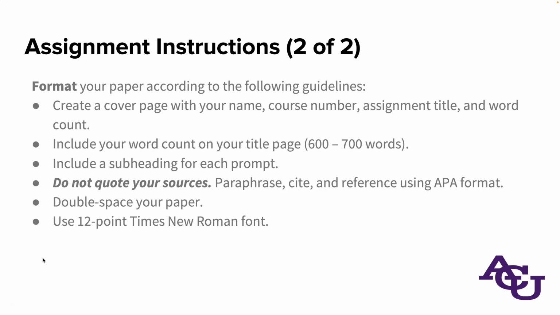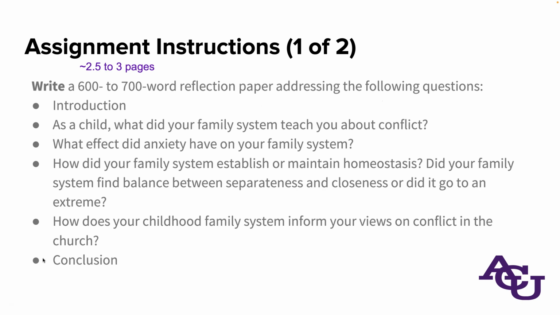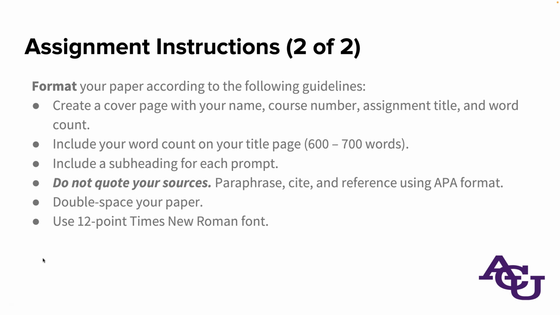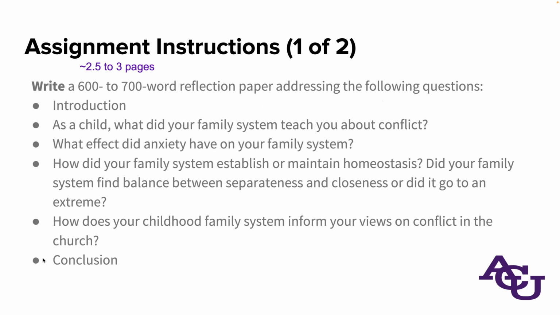Include a subheading for each prompt. Note to not quote the sources. Okay, so paraphrase, cite, summary. And then the rest is double space, 12-point Times New Roman. That's standard APA format stuff. If we look at the rubric, it is basically reiterating all the things that were listed here, with the caveat that in the rubric it is summarizing this so that two of the bullets here are consolidated.